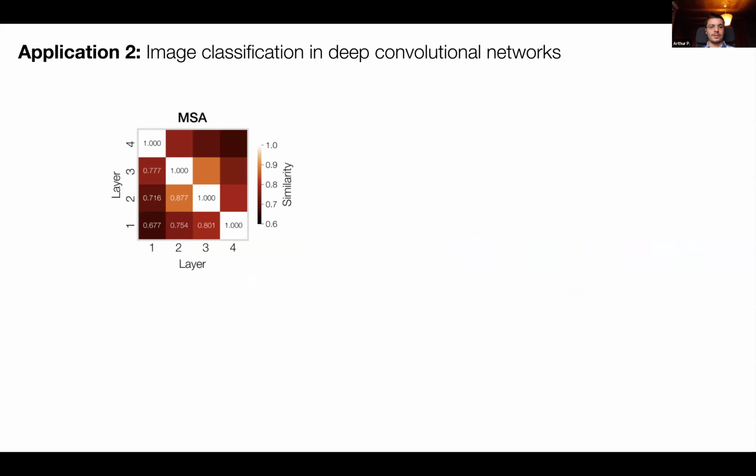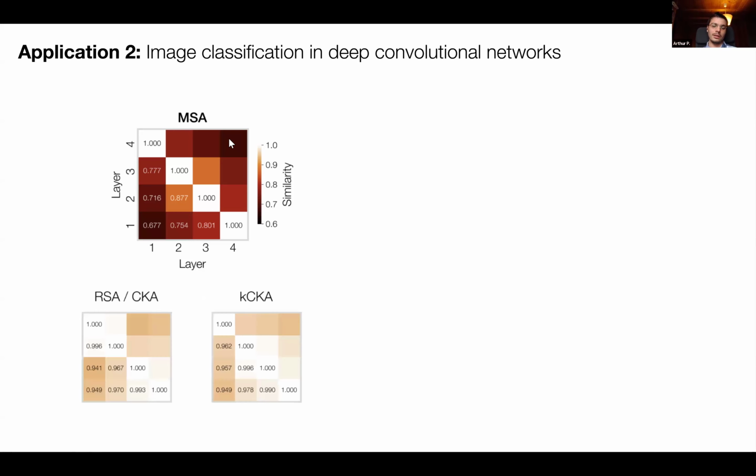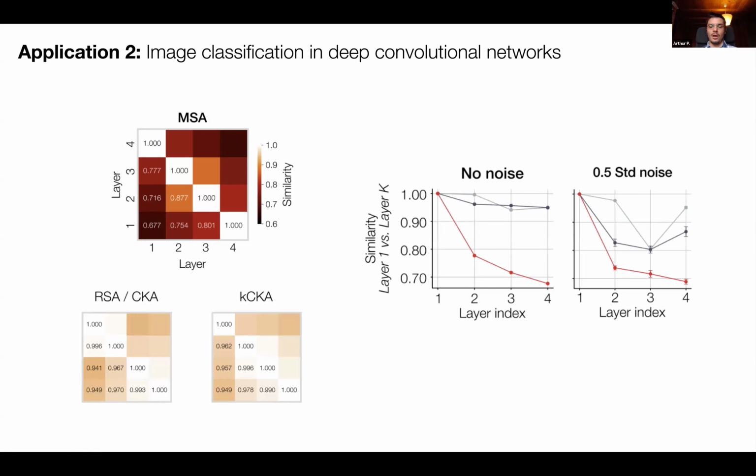Okay, so here is the similarity matrix between different pairs of layers. We can see that along the diagonal, the similarity between a layer and itself is always 1 and continuously decreases as you go from one layer to the next. It's not so much the case for other methods that are based on the extrinsic geometry. We can also look at the effect of noise, like I said.